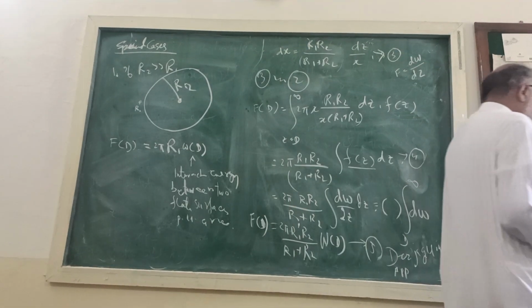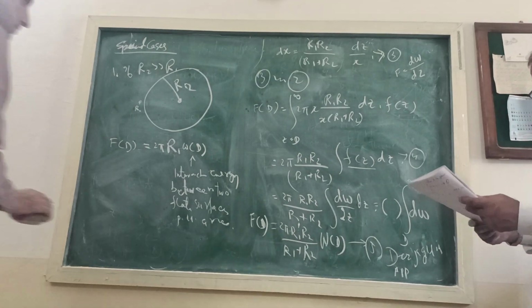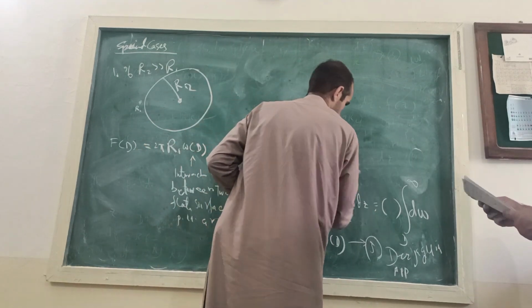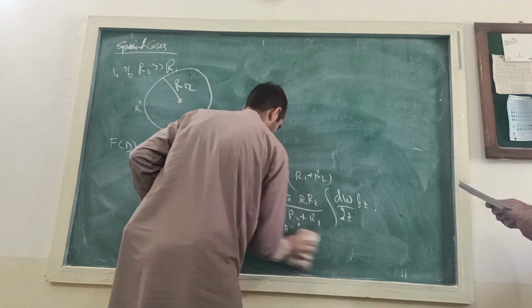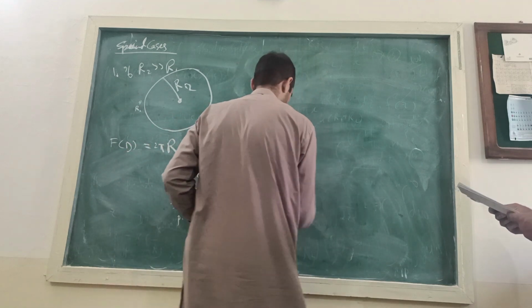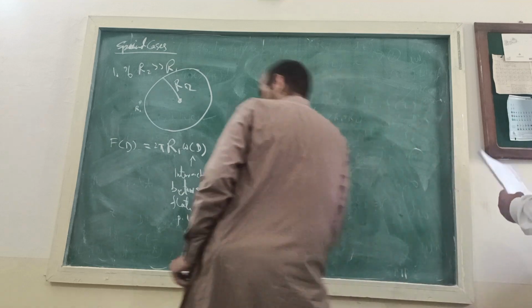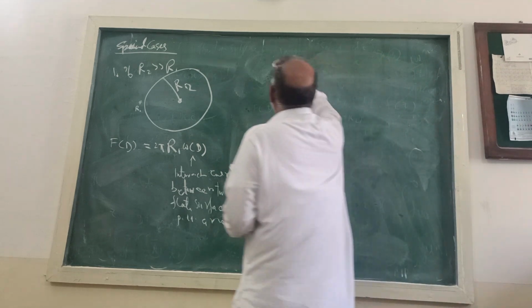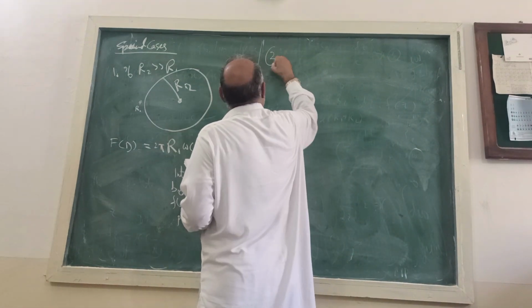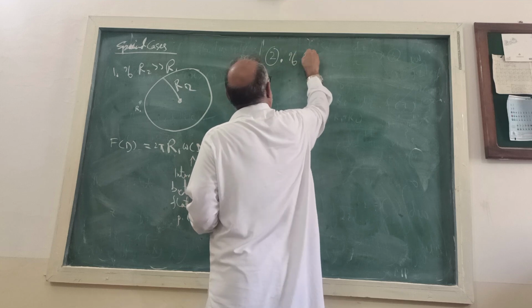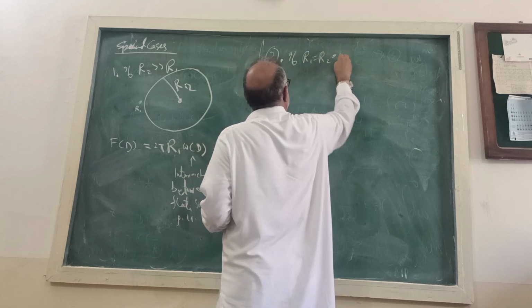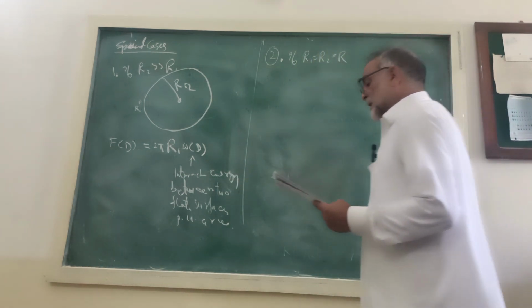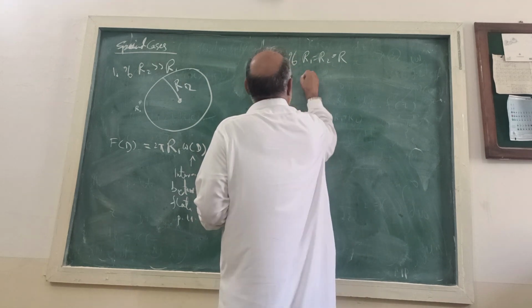Case number 2. If R1 is equal to R2 is equal to R, when the two are equal, the same radius or the same size.